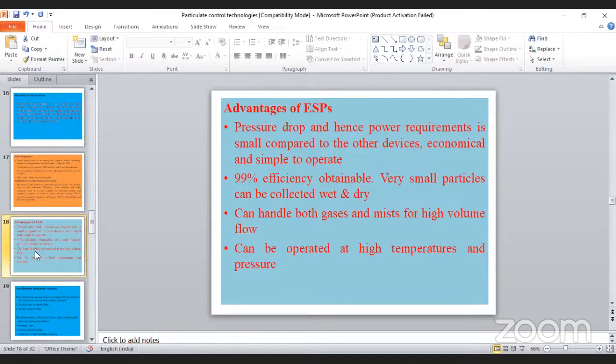Because in a cyclone separator also we need to supply energy. We have to enter the input gas into the cyclone separator, which makes it move in a swirling motion, so we have to understand how much speed we should give.